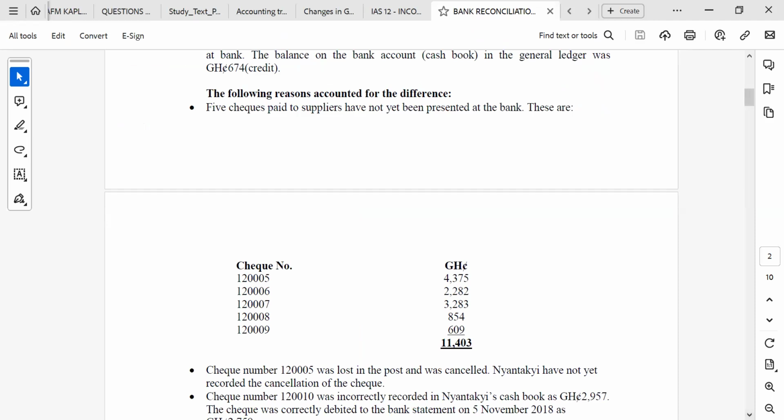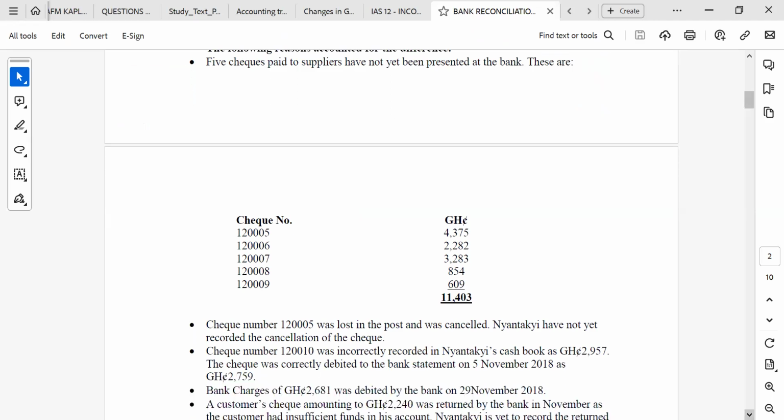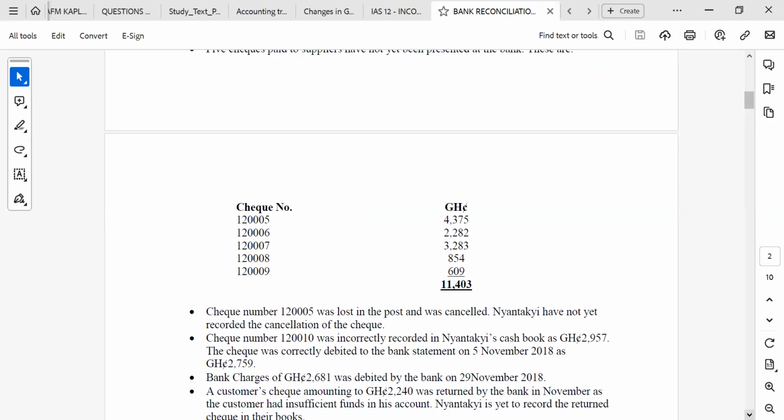Okay. Let's come to the second one, please. Check number 12010 was incorrectly recorded in Nyantechi's cash book as 2,975 Ghana cedis.